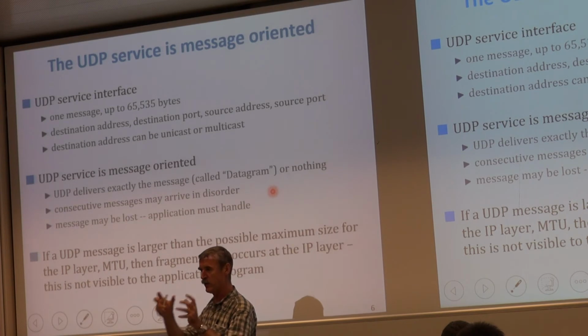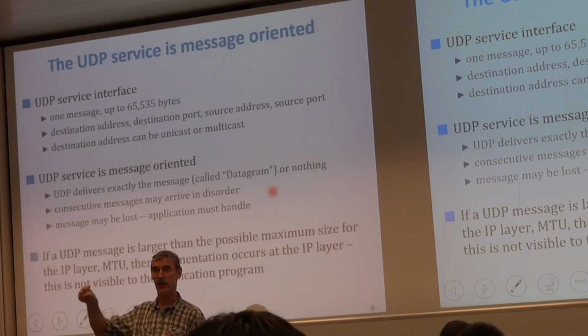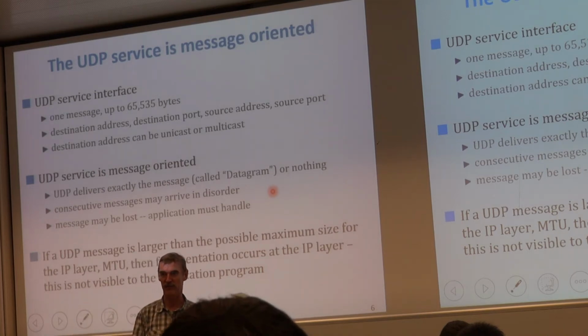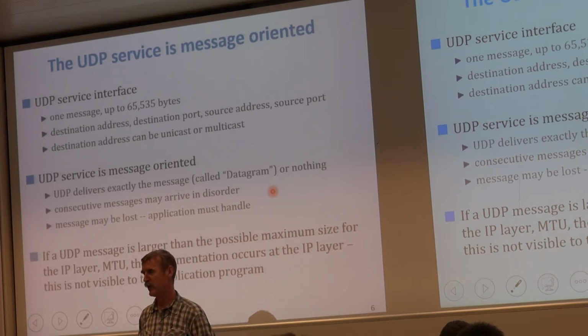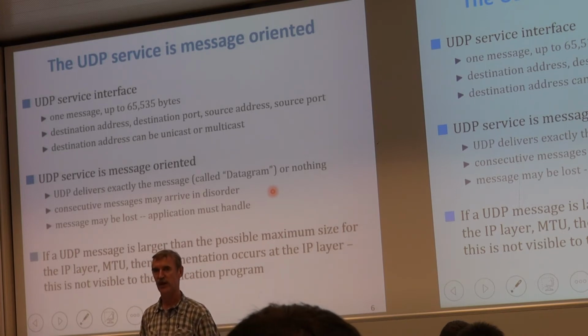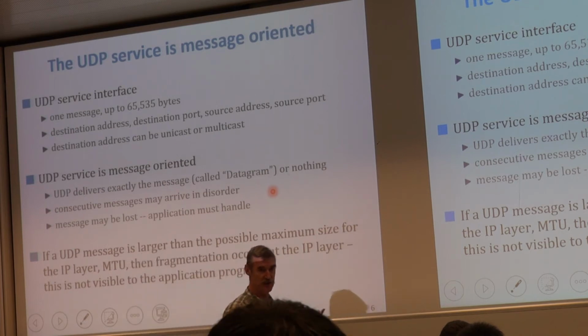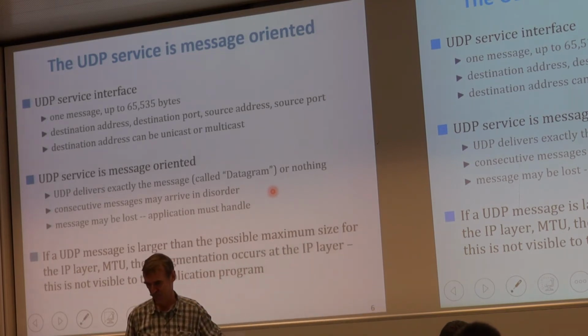If an application writes 1 character string into a UDP socket and the receiving end receives the character string, it knows it will receive exactly what has been sent. It may receive nothing. It has to be handled by the application, but it receives something, it's the complete character string. As opposed to TCP. TCP does not do this, as we will see in a minute. That's the essential difference.